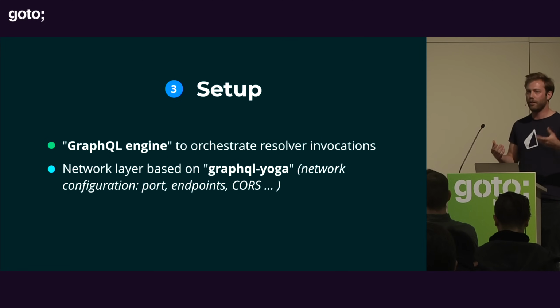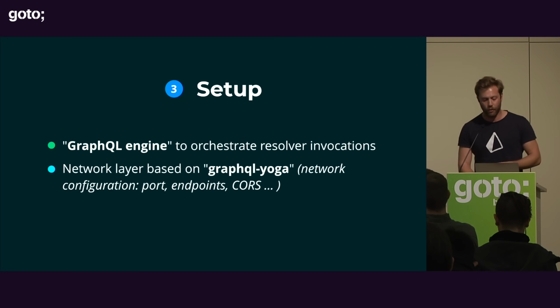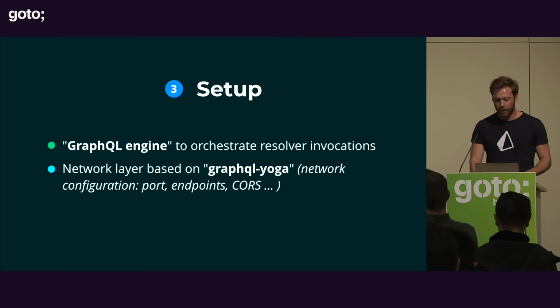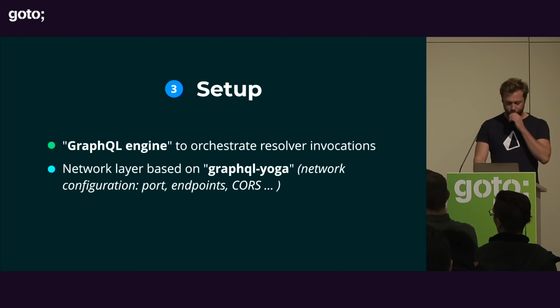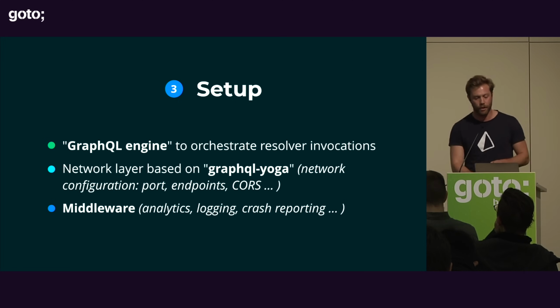So basically, it combines the HTTP capabilities of Express with the GraphQL resolution from the GraphQL reference implementation in JavaScript. And then you have your middleware that you can integrate. So that's also where you would put any sorts of analytics, logging, crash reporting, all that kind of stuff.